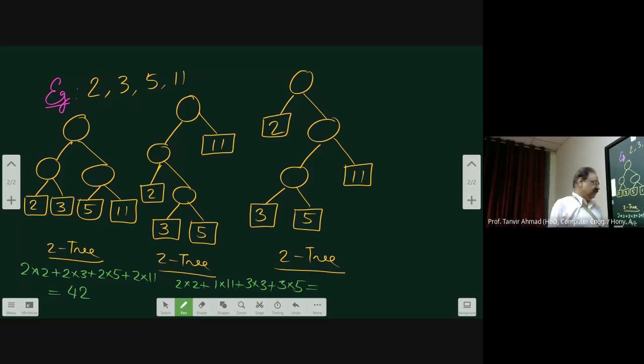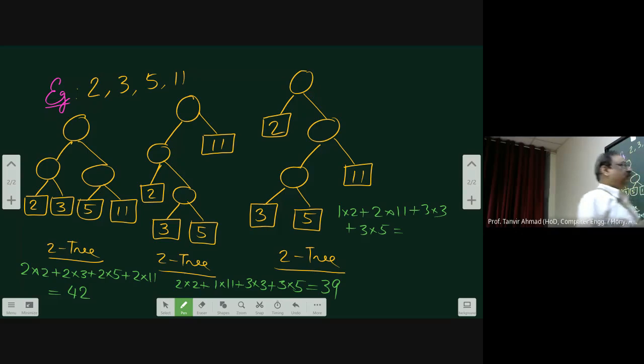How much is this? 15 plus 15, 30, 39. Now, if I am going to do for this, it is 1 into 2 plus 11 into 2 plus 1 and 3 into 3 plus 3 into 5 will give you 22, 24, 20, 33 and 15, 48.